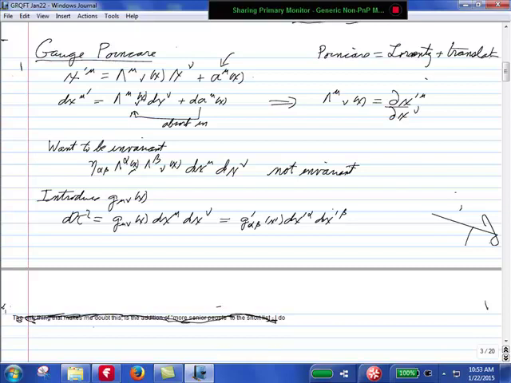And the Euler-Lagrange equation for this is then you take the variation of the Lagrangian with respect to the derivative of phi.